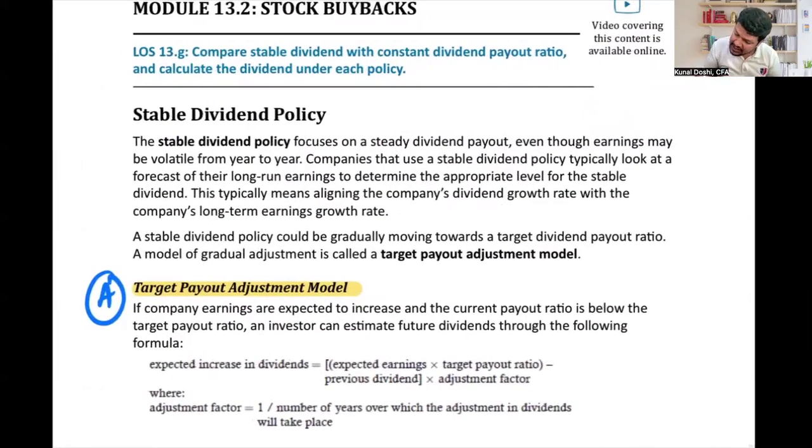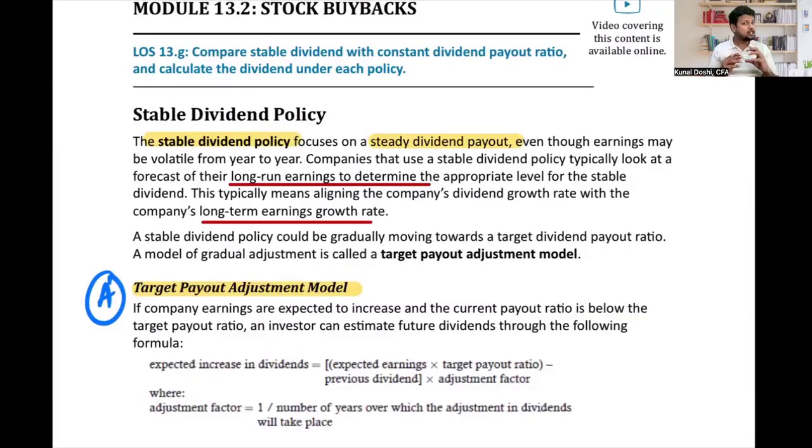So stable dividend policy focuses on payout ratio, as we said, and companies have a payout ratio in their mind, which is called the target payout ratio, but they want to achieve this in the long run. In the short run, it's okay if it deviates, but they want to make sure it meets the long-term expectation they have about the earnings growth rate.